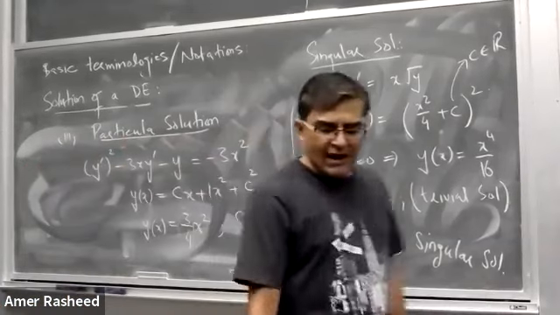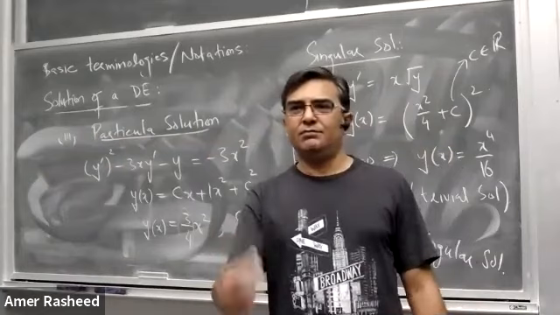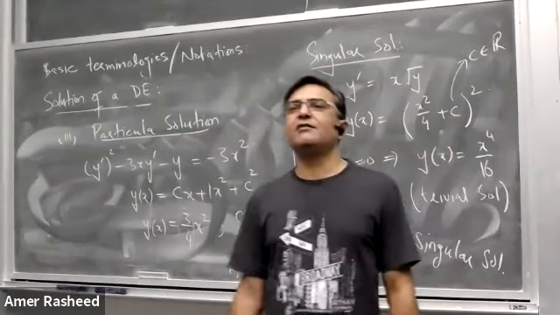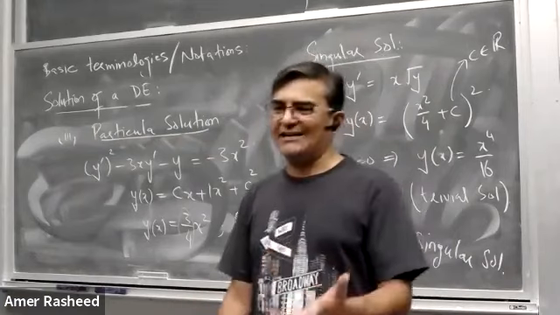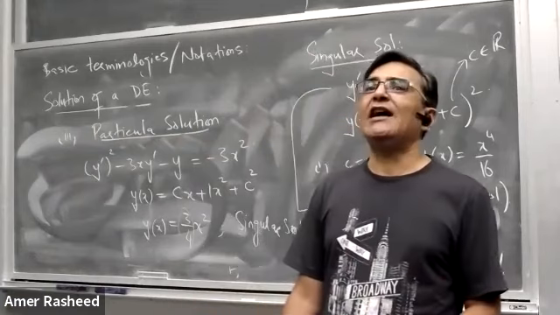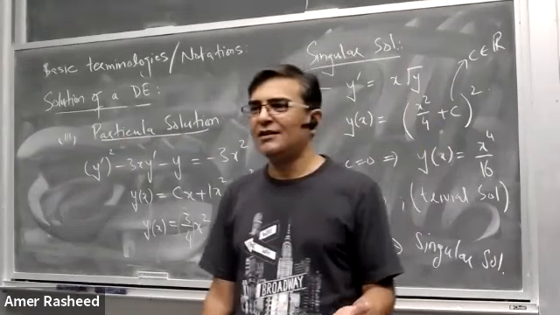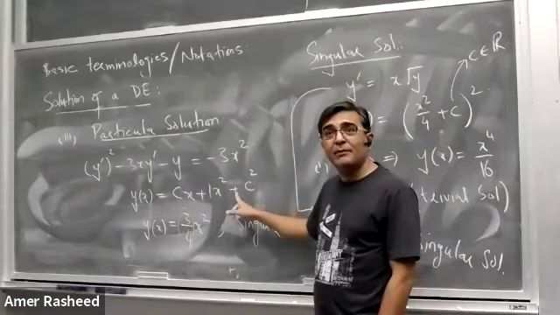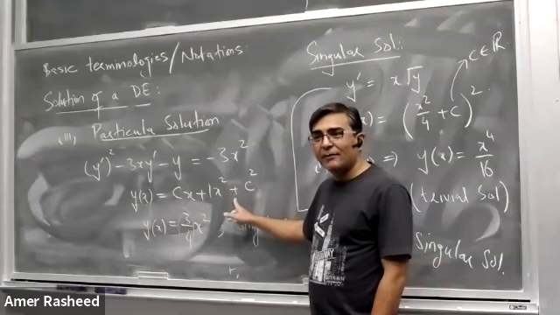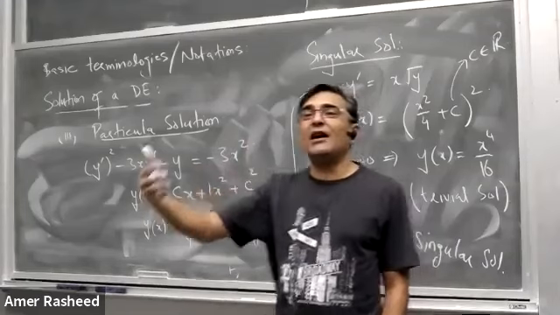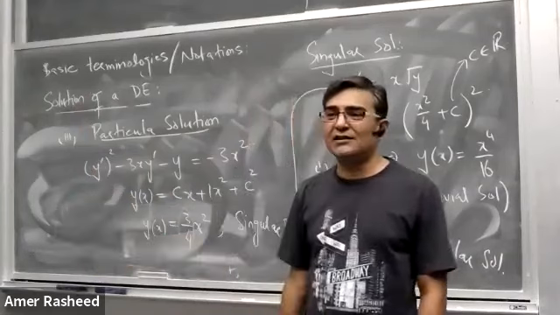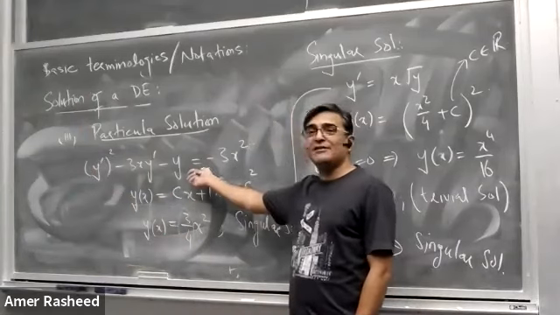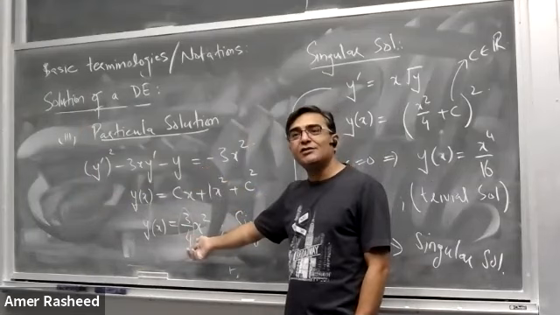So, the answer to the question: can a differential equation have infinitely many solutions? Yes. A differential equation can have infinitely many solutions. Why? Because there is a parameter in it, and if you vary the values of that parameter, you get infinitely many solutions. But there are other solutions to that same differential equation which are singular solutions.